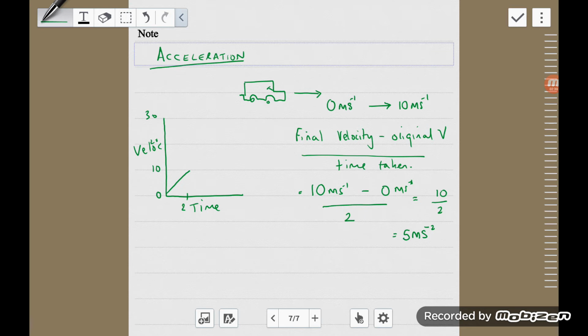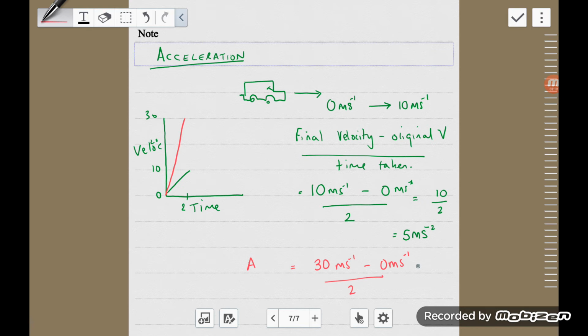So we can compare accelerations. So for example, let me give another example here on this graph. We go from 0 to 30 in 2 seconds. Let's use our formula. So the acceleration equals 30 meters per second, which we finished off at, started off at 0 meters per second, and it took 2 seconds.